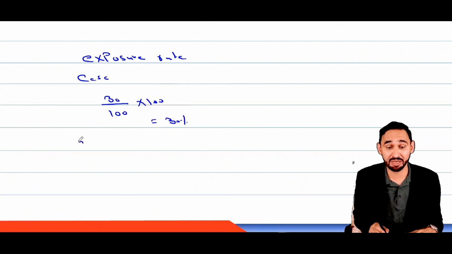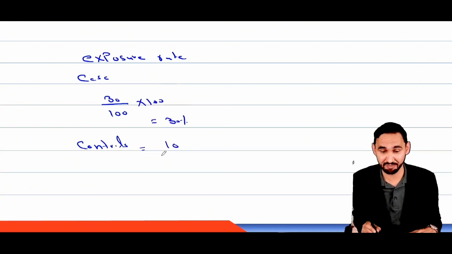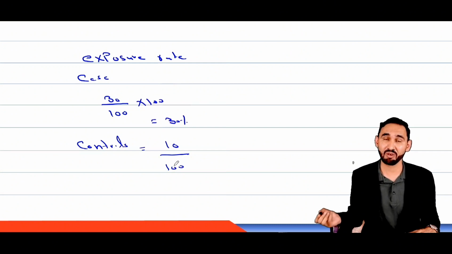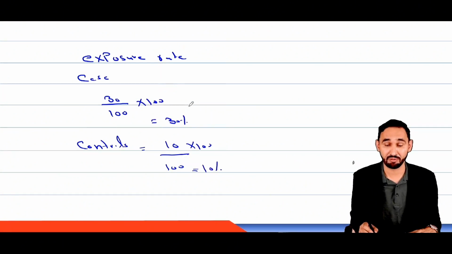I will calculate the exposure rate of controls. 10 controls were exposed, or 10 controls were smokers. The total number of controls was 100. We divide exposed controls by the total number of controls and multiply by 100. The answer will be 10%. What will be the formula?